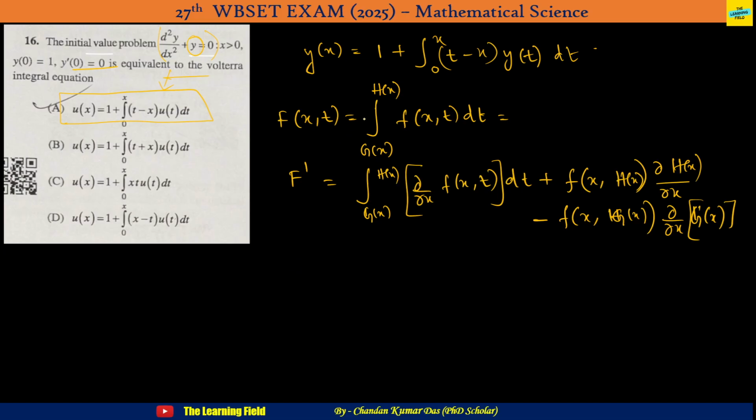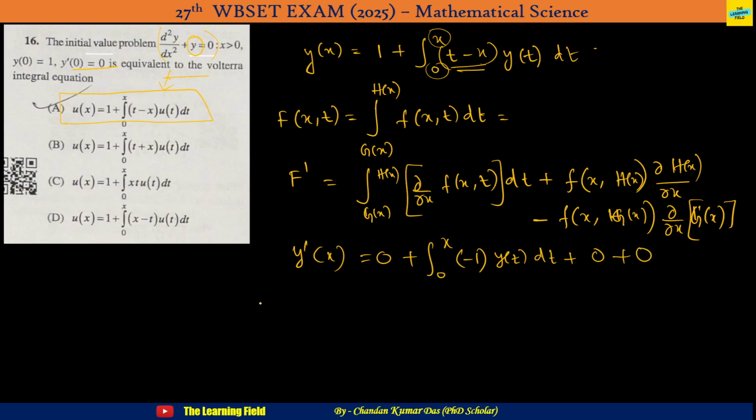Now apply this. We get y dash(x) equal to 0 plus integration 0 to x of del by del x of this, which means minus 1 into y(t) dt, plus del x of this. If we put x here, then x minus x is 0, and this is 0, so if we differentiate the limit we also get 0.